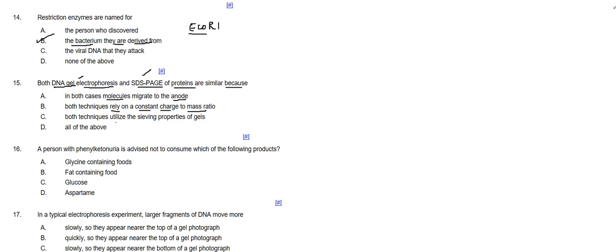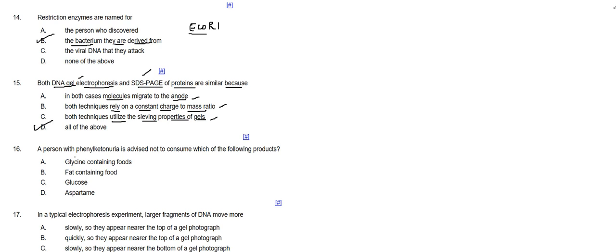Both techniques utilize the sieving properties of the gel. So all of the options are correct.